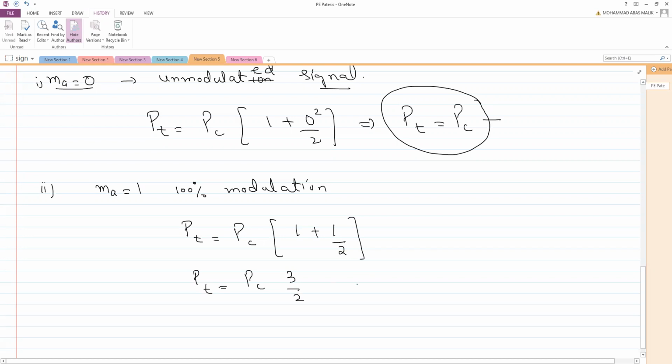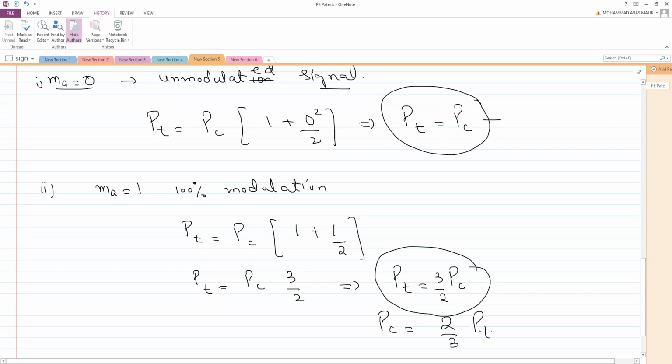So your total power in this case will be PC times 3 by 2, 1.5 times the carrier power. Or you can say the carrier power in this case will be 2 by 3 times PT.